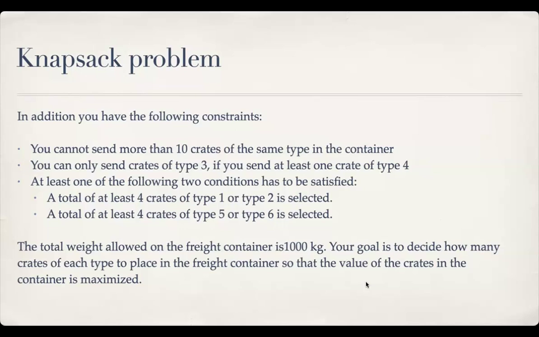And the total weight allowed for the freight container is 1,000 kilogram. So your goal is to design how many crates of each type to place in the freight container so that the value of the crates in the container is maximized. What is our objective?